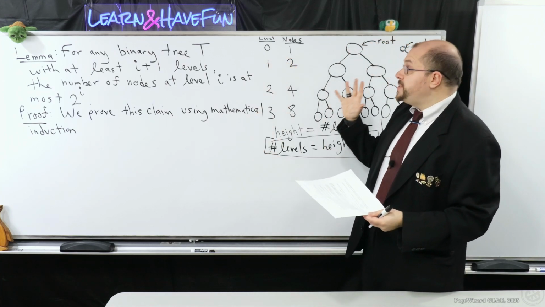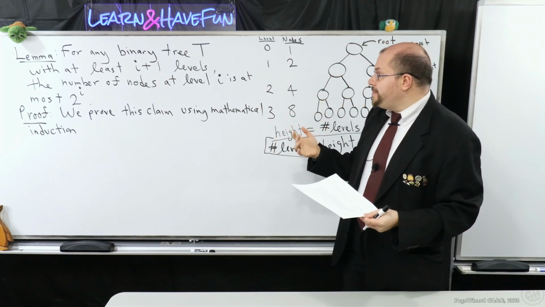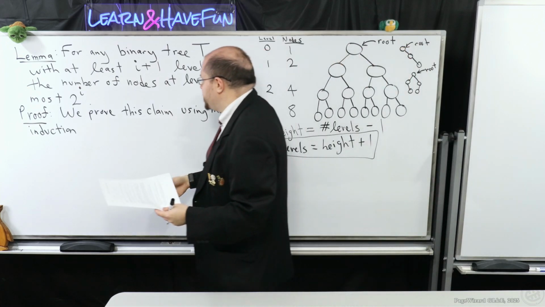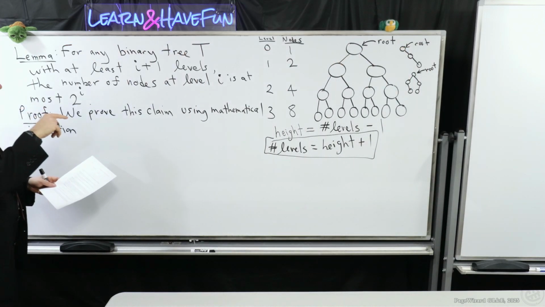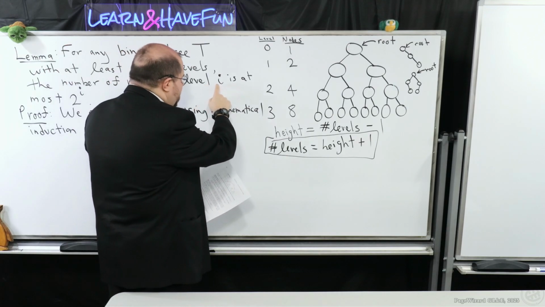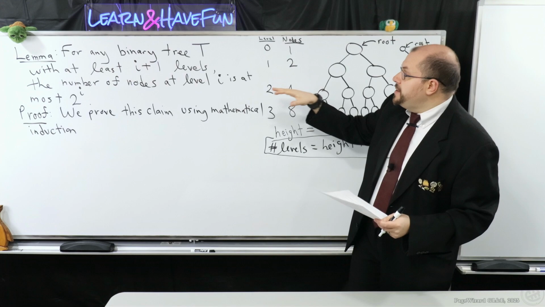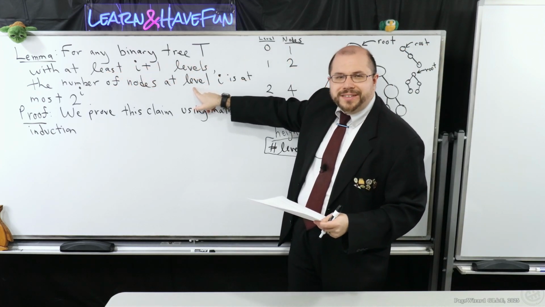Sometimes in induction proofs, it's not very clear exactly what variable you use every time. But here it seems to be rather nice. We're interested in the number of nodes at a particular level we call I, right? And it's positing that we have a certain number of levels. This part here is just saying that we have to have enough levels so that this level could exist.